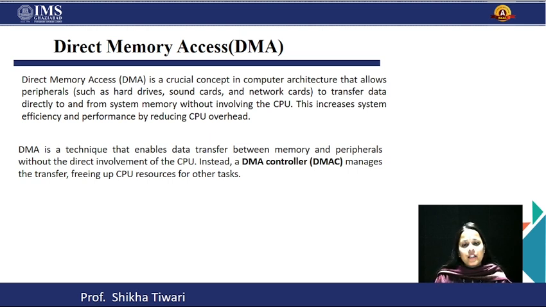It is a technique between memory and peripherals in which we allow data transfer without the intervention of the CPU. We free the CPU so that it can focus on other tasks.